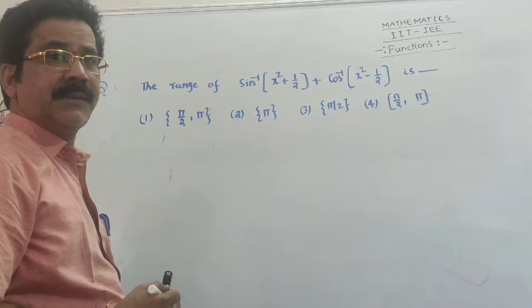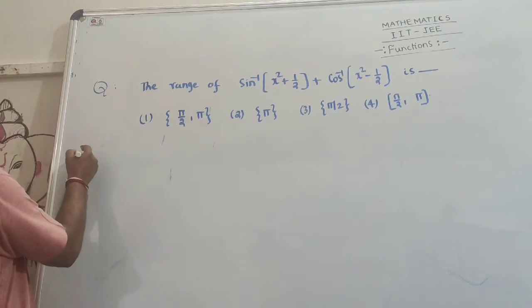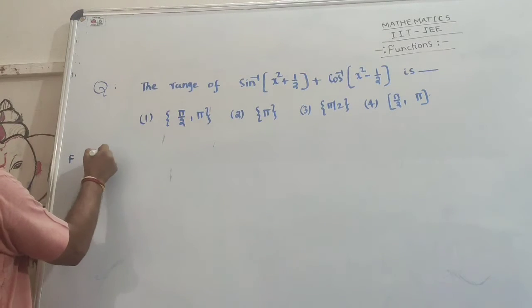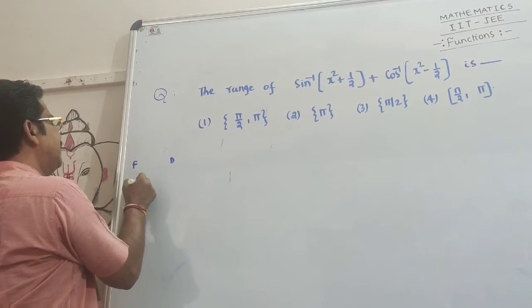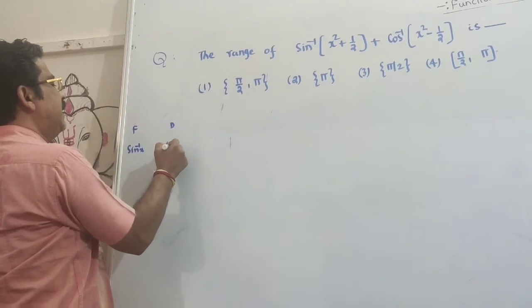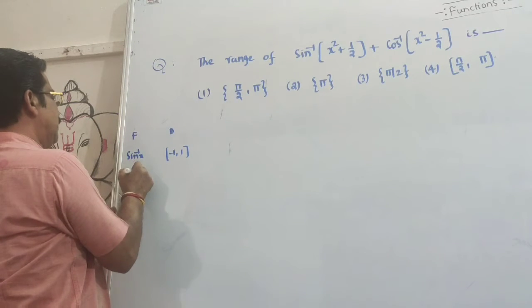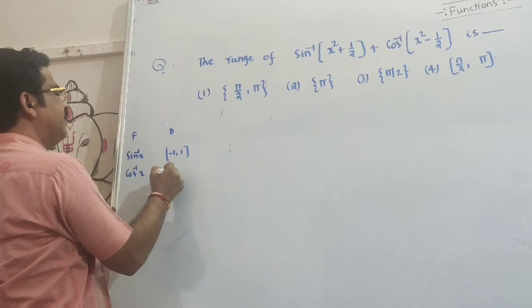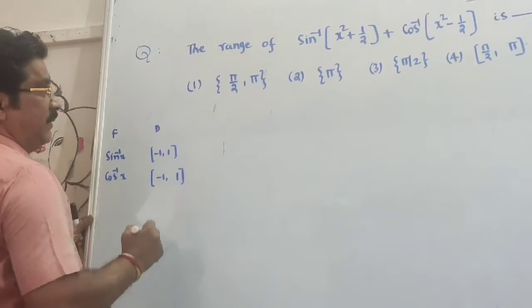Before that, let us recall the domain of sine inverse x. The domain of the function sine inverse x will be the closed interval of minus 1 comma plus 1. Of course, for cos inverse x it is also the closed interval of minus 1 comma 1, just like that.